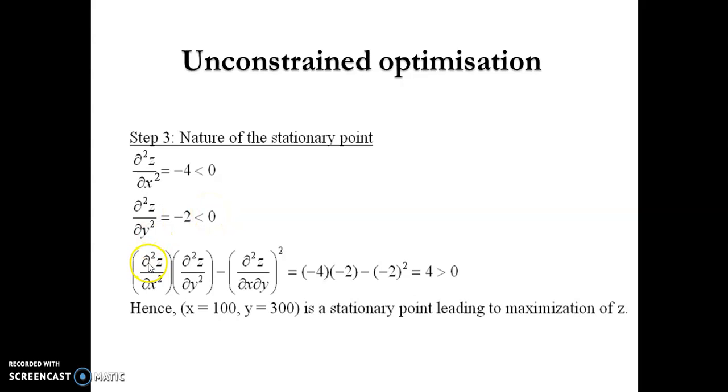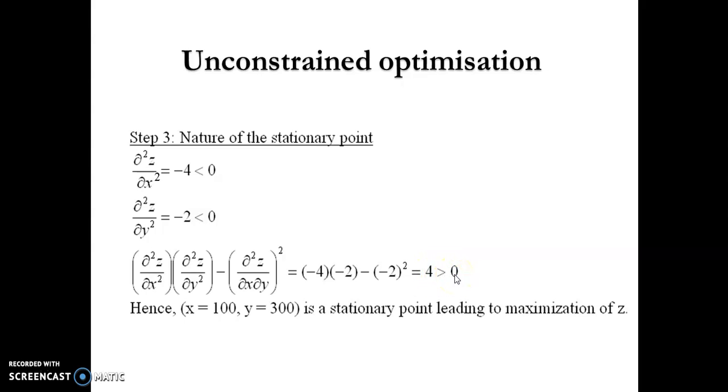Now if we look at the product of our direct second order partial derivatives, that is minus 2 times minus 4, minus the square of our cross partial. Our cross partial was found to be minus 2, so minus 2 squared gives 4, and 4 is greater than 0.